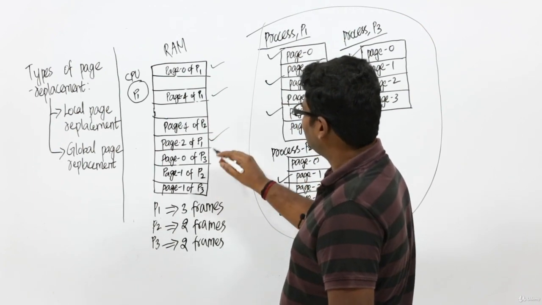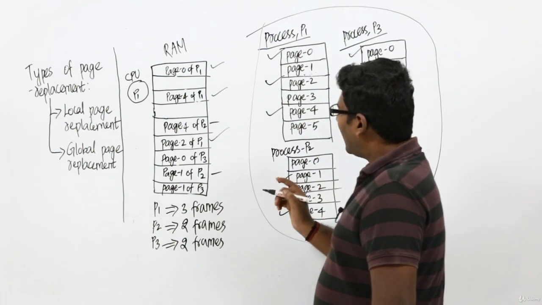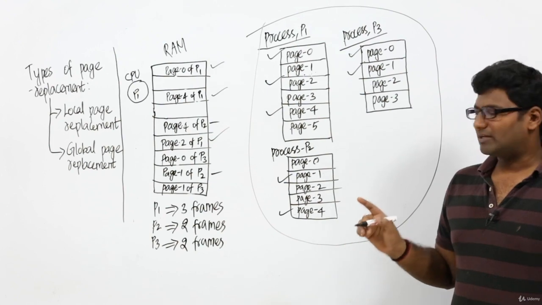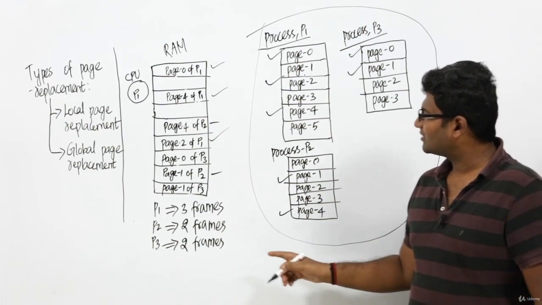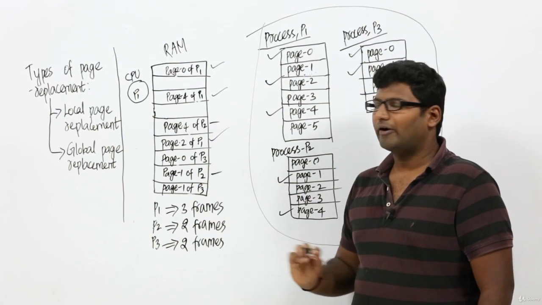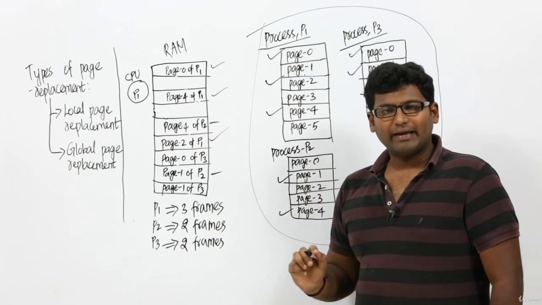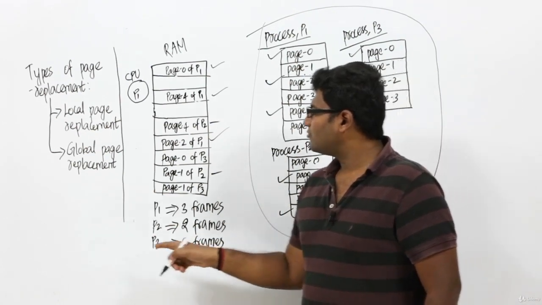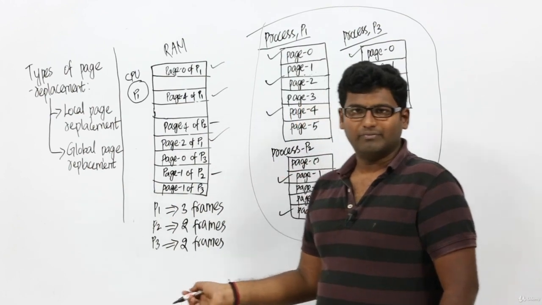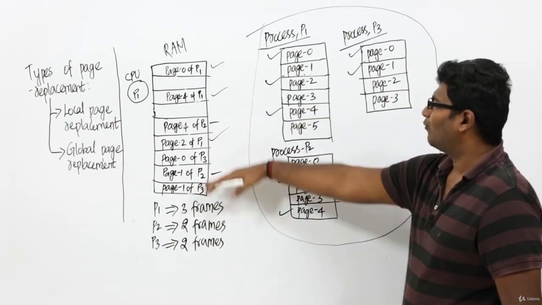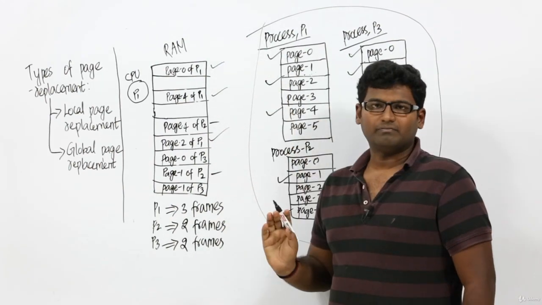See, these are the pages of P2, right? In case I am using local page replacement algorithm, page number 0 can be placed in either this frame or this frame and not in any other frame. In case I say that we are using global page replacement algorithm, then I can place it in any frame I want, any random frame, right?